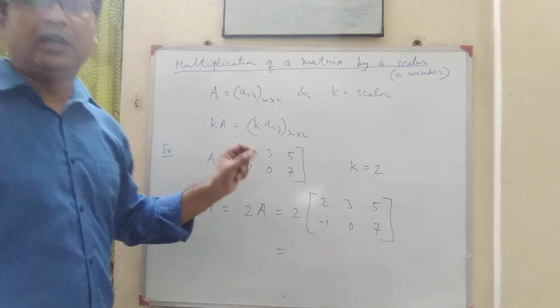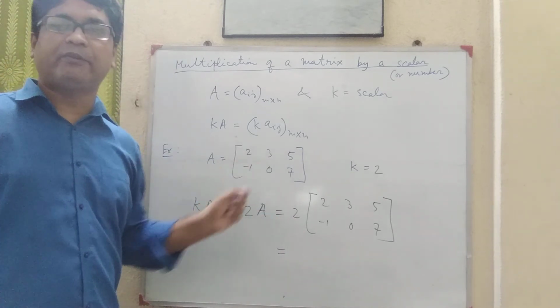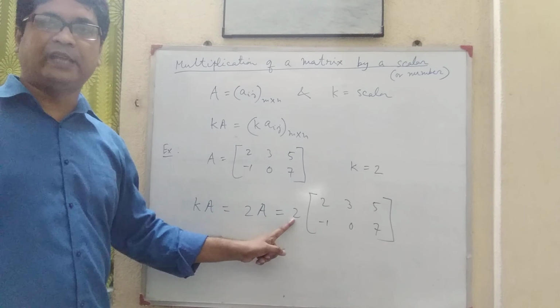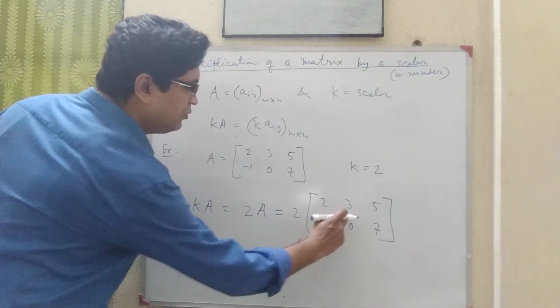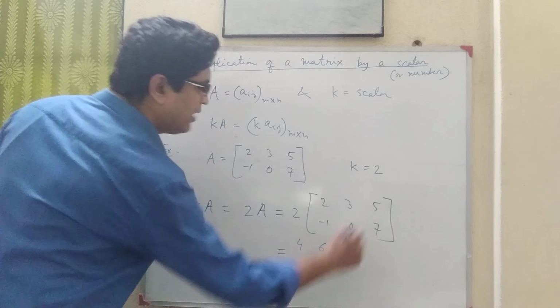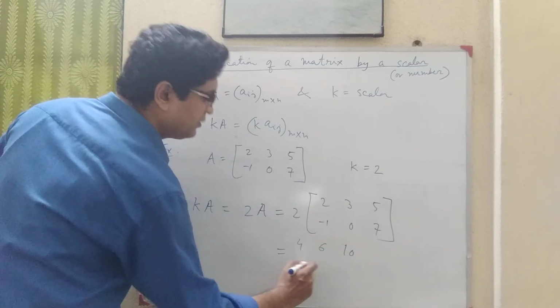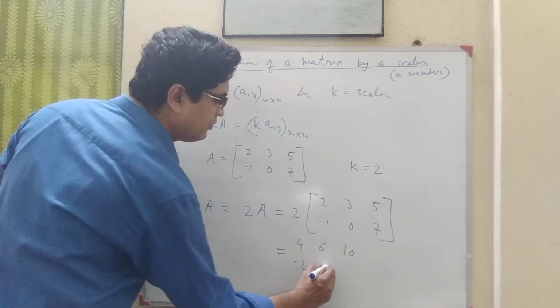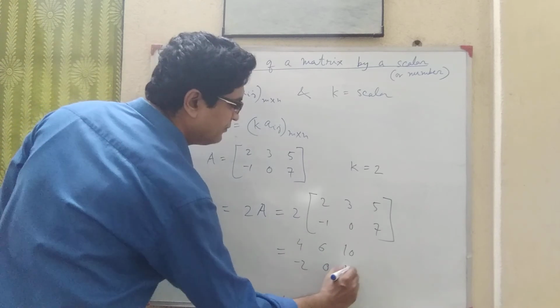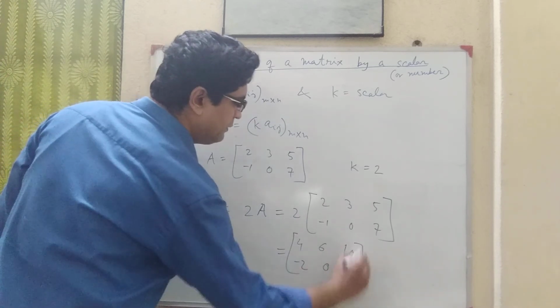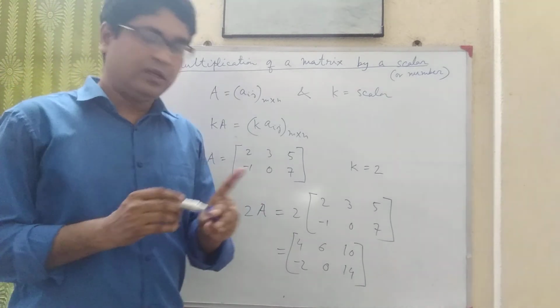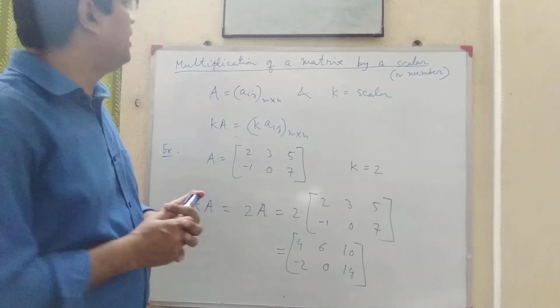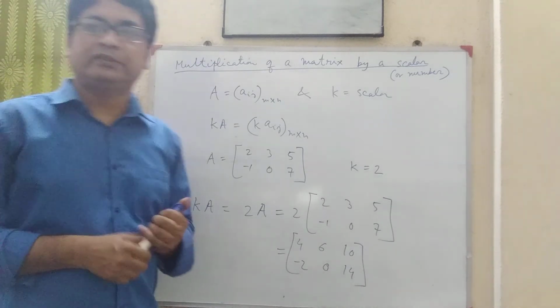So 2 times 2 is 4, 2 times 3 is 6, 2 times 5 is 10, 2 times minus 1 is minus 2, 2 into 0 is 0, 2 into 7 is 14. So this will be the answer. This is called scalar multiplication of a matrix by a scalar.